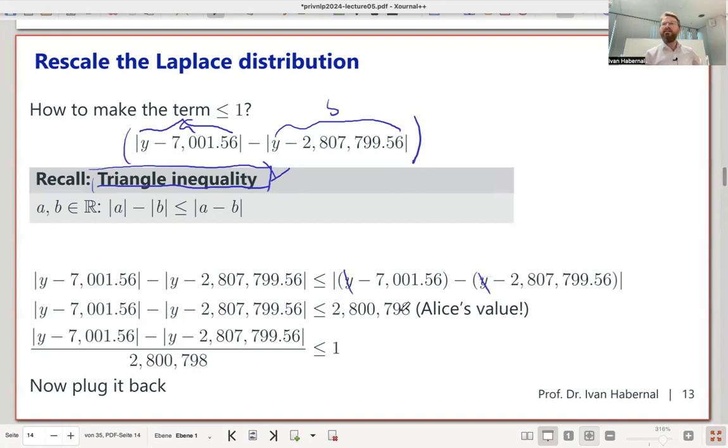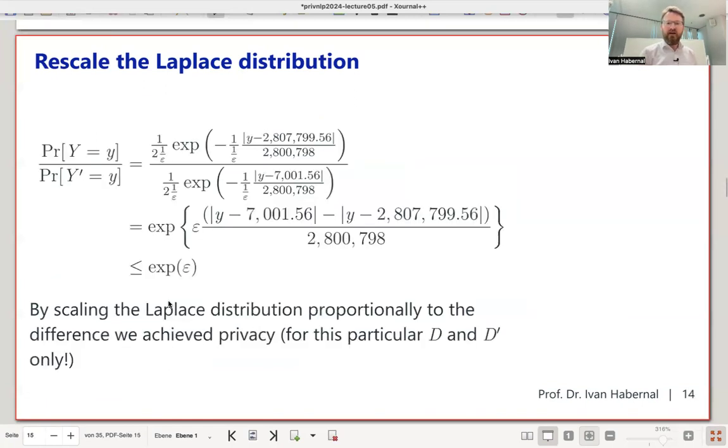By the way, this is the Elise value again. This is the maximum value. Okay, cool. And now to make it smaller than 1, I just divide by this maximum value. So this is the trick, just sort of normalization, but this will ensure differential privacy in there. So this is cool. So let's plug this back, and here we fix that by dividing by the max value. This will hold.